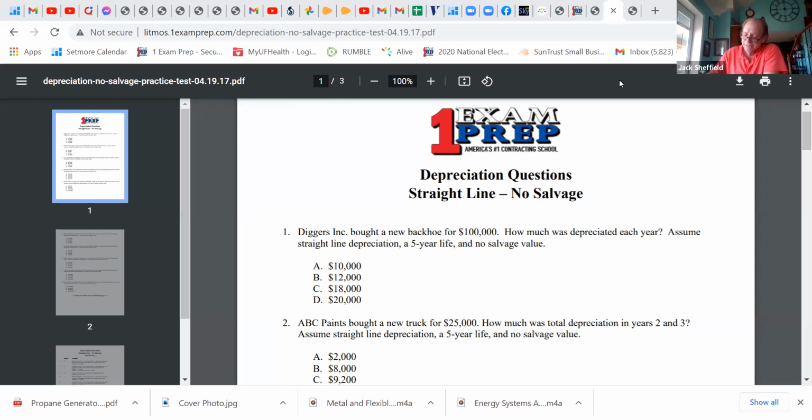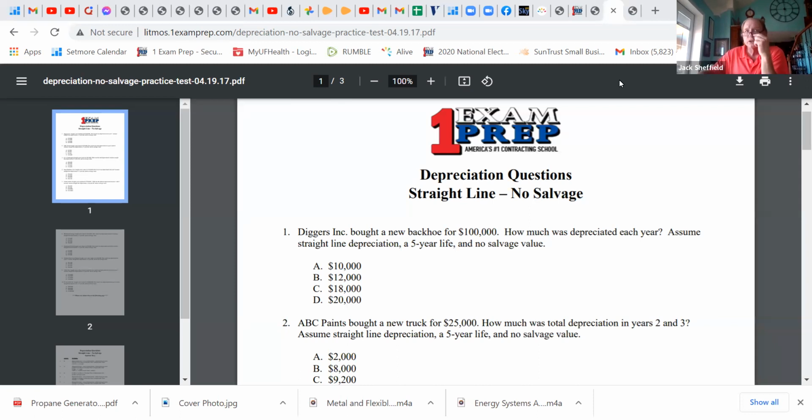If the same asset had a salvage value of $1,000, the amount you can depreciate, the depreciable total, is $7,000. Why is it 7,000? Because it's going to have $1,000 salvage value when you're done.